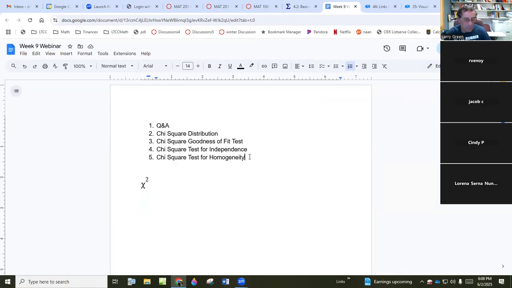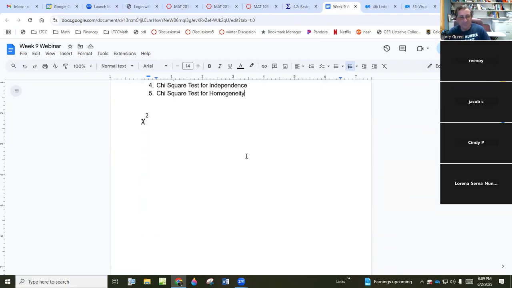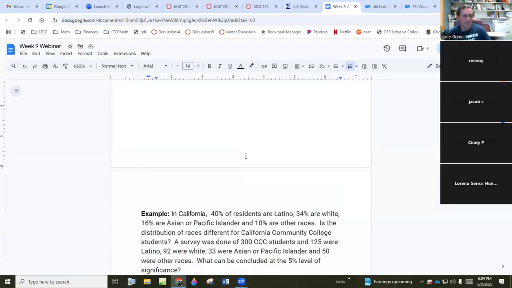So it's not that hard to find things that use the chi-square distribution because it really is one of the top distributions that's used in research. I can tell you that, but until you get into upper division classes, you may not see it that much. So here's an example.